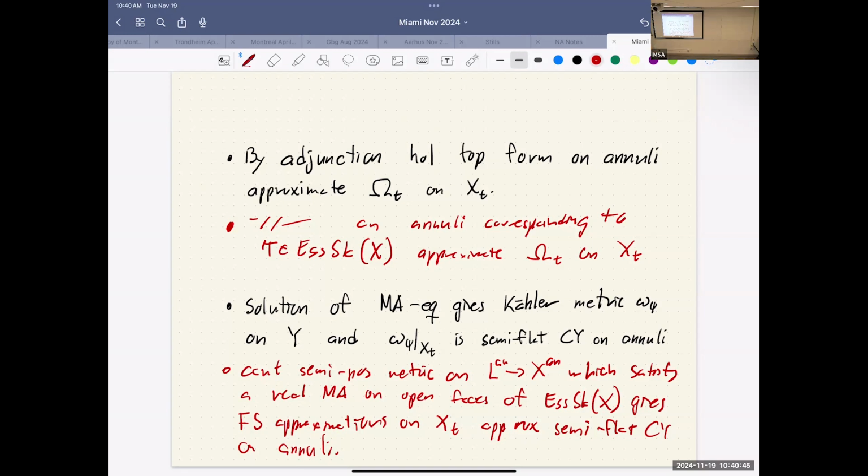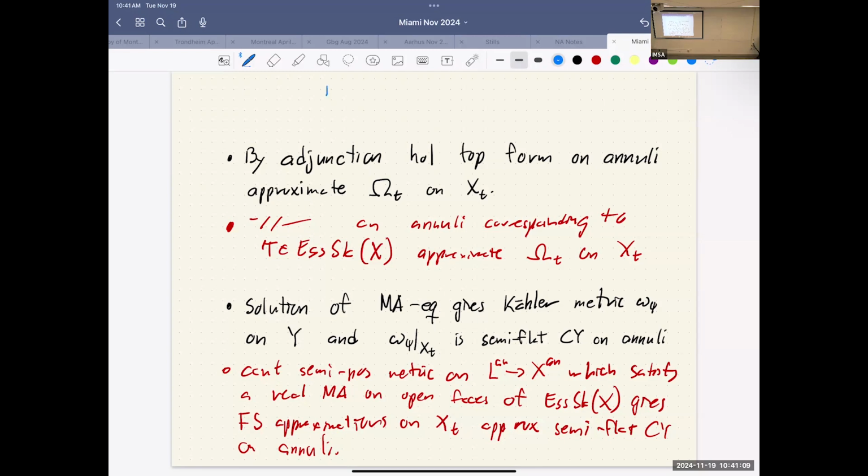Here I'm really asking for something that honestly solves a real Monge-Ampère equation. And an important part of the context here is that there's a non-Archimedean Monge-Ampère equation which is defined algebraically in terms of intersection numbers, and this is known to have a unique solution.